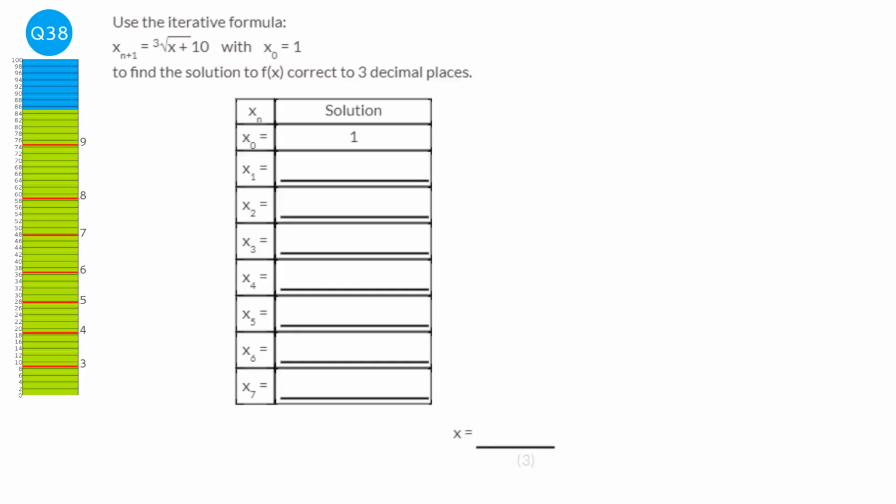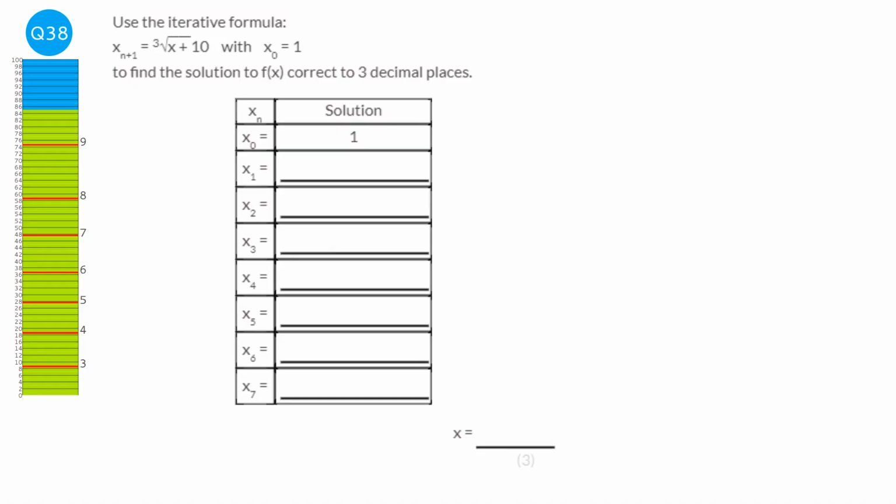To answer this question, we're going to do something a bit weird on the calculator, and this is a method you might not know, but it's the quickest method for answering this question. Iteration is basically feeding the previous solution into the iterative formula to get the next solution, and you keep going, and it will get closer and closer to an answer, and then we write down that answer.